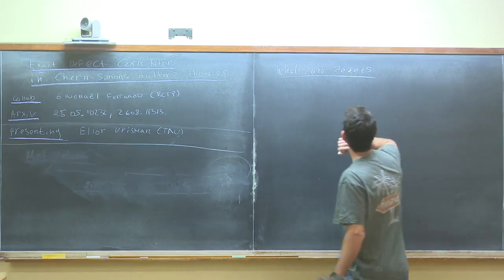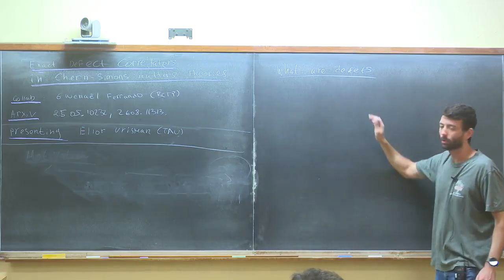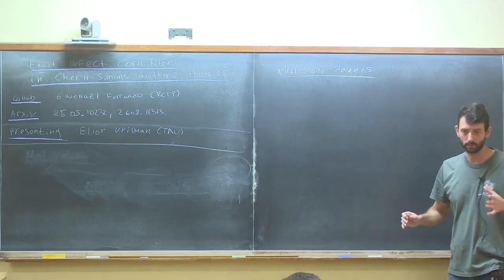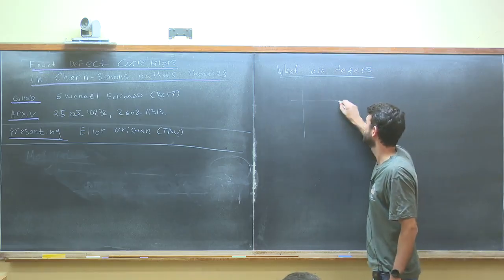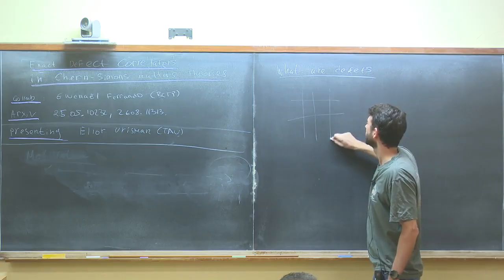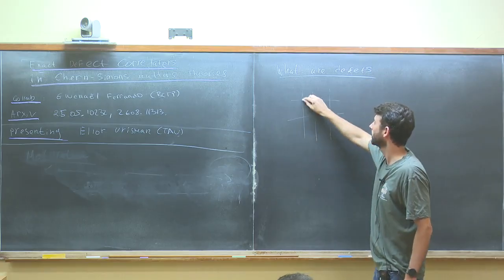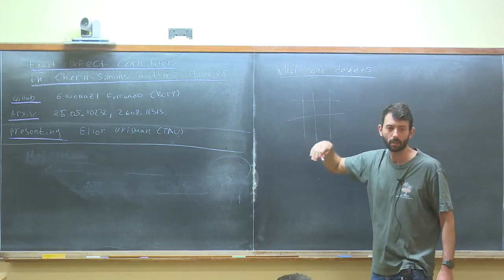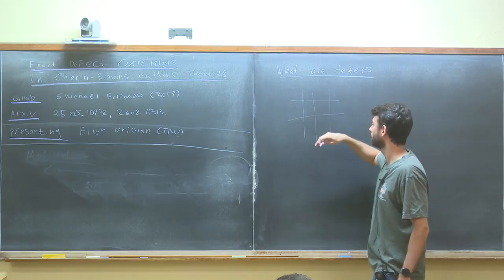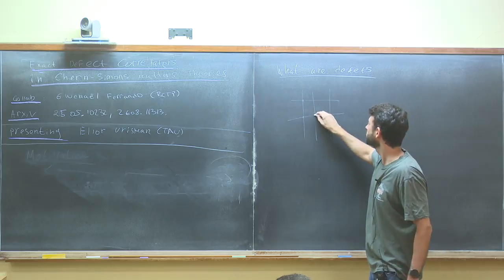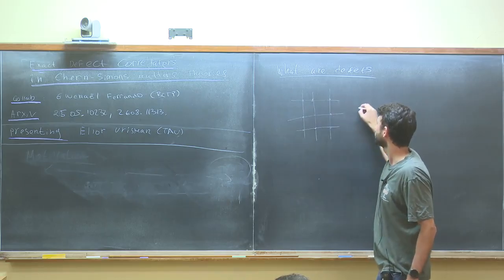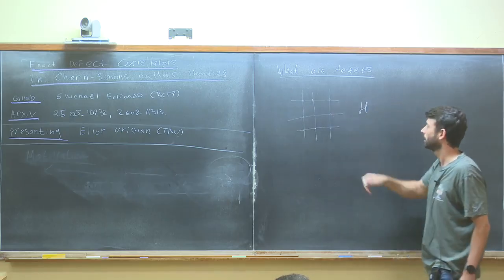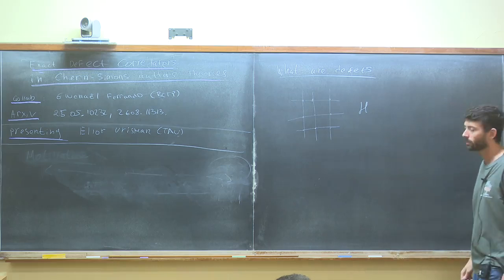Okay, so what are defects? If you're a condensed matter theorist, you would start with some lattice of points. Maybe you put spin half, or some atoms, and you have a Hamiltonian that captures the dynamics of the system.